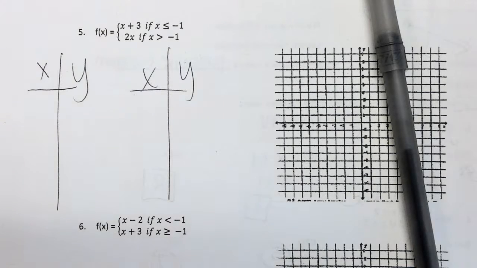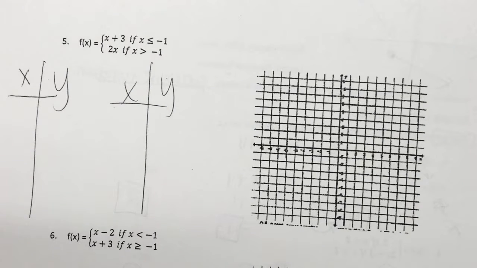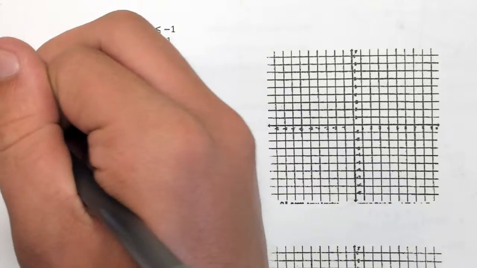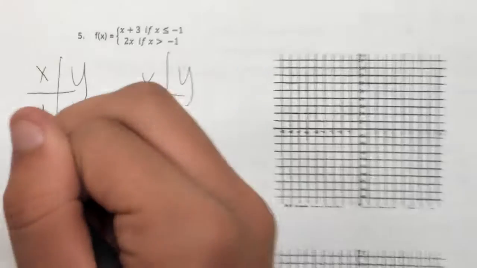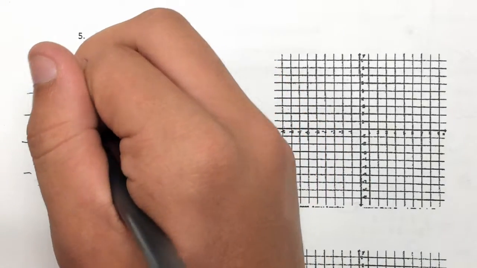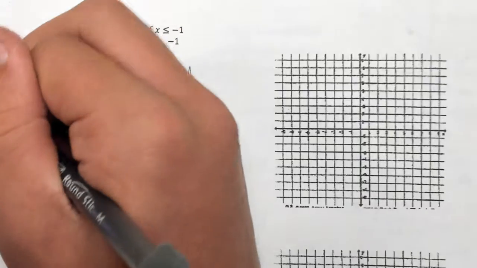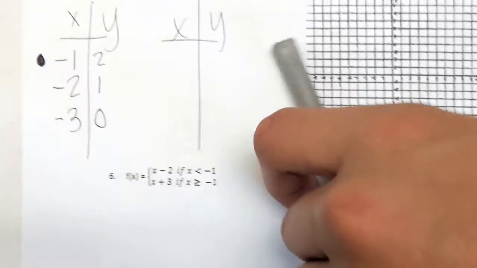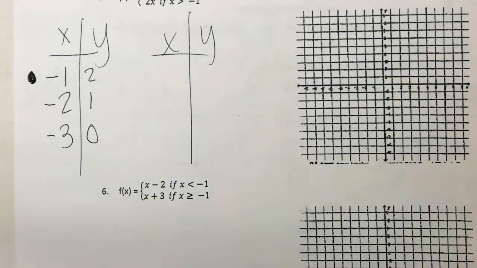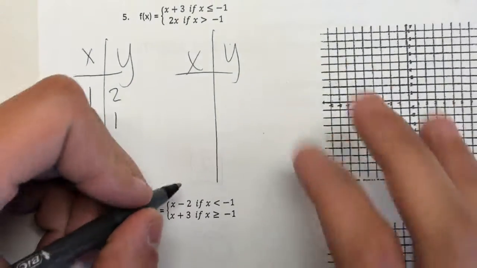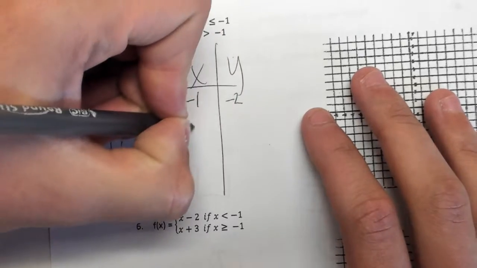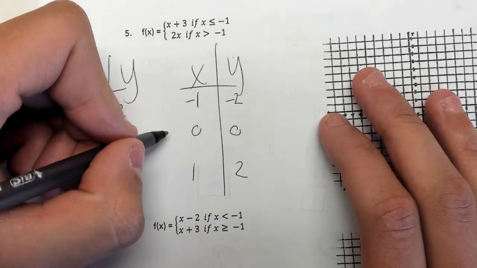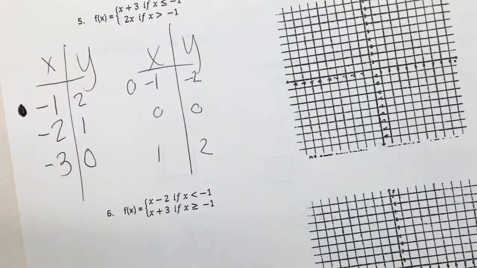So Caleb, you make the chart for one piece, and then Evan makes the other. Evan, now you draw that piece. And Caleb, you're going to draw your piece.